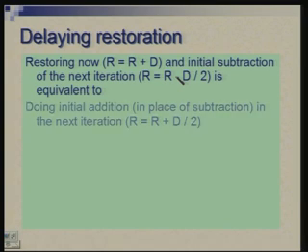The same effect can be achieved by not doing any restoration now, and in the next iteration the initial unconditional subtraction may be replaced by addition. Okay. So, adding d now and subtracting d by 2 later is equivalent to adding d by 2 later. So, what we are doing is avoiding an additional step of restoration now, and achieving the same effect by choosing the initial unconditional step to be either an addition or a subtraction.